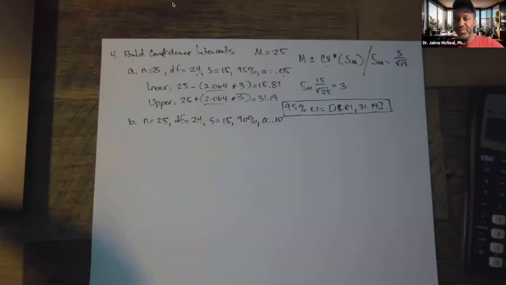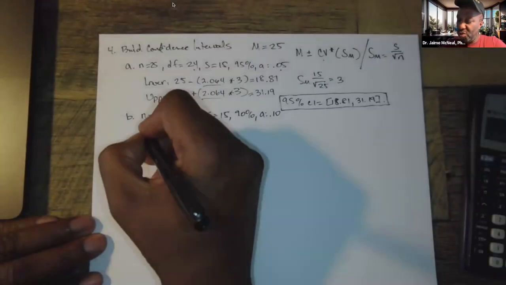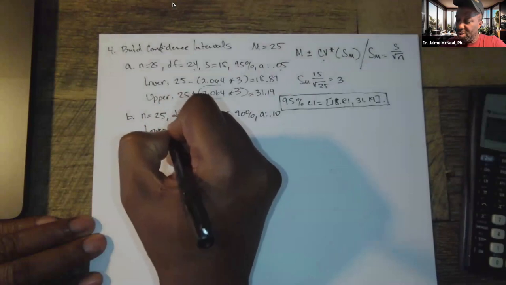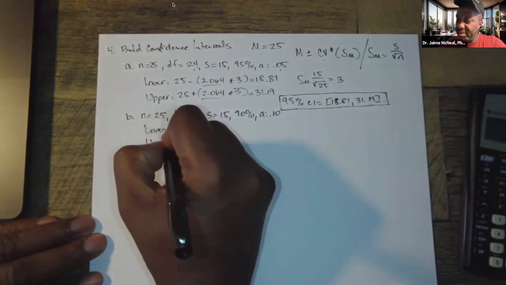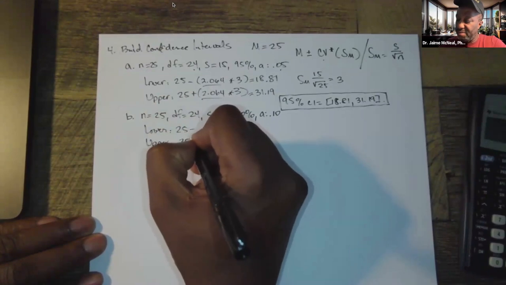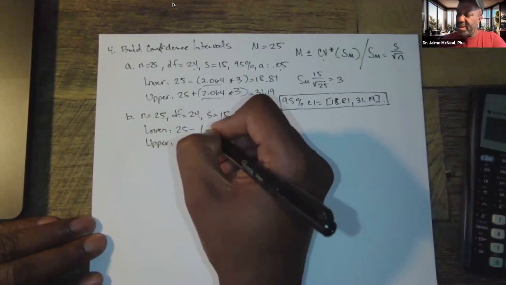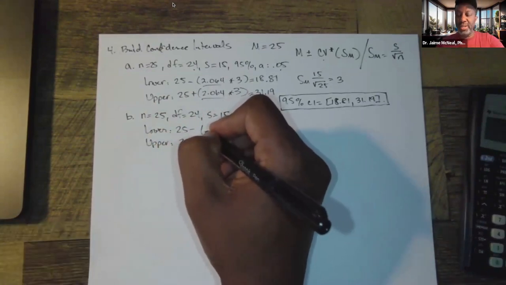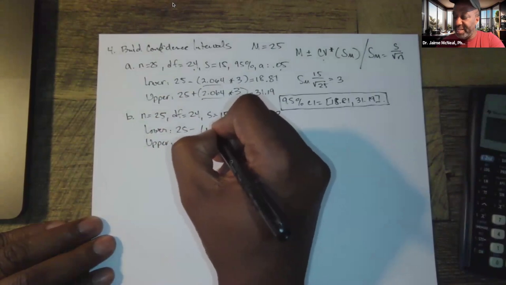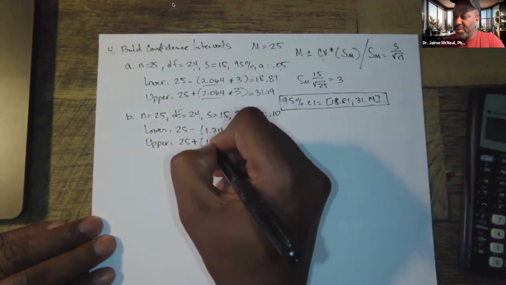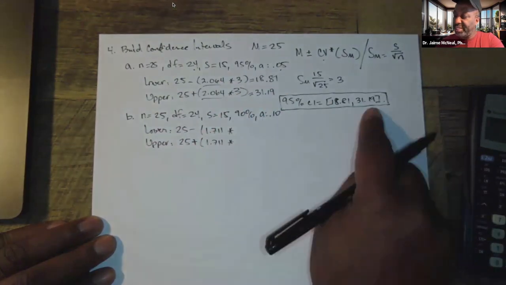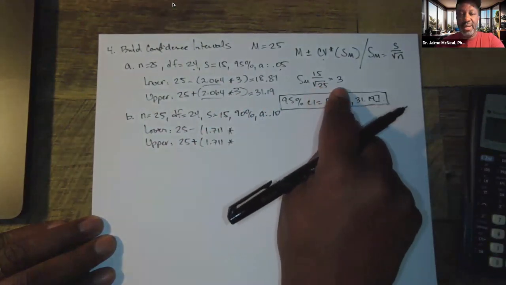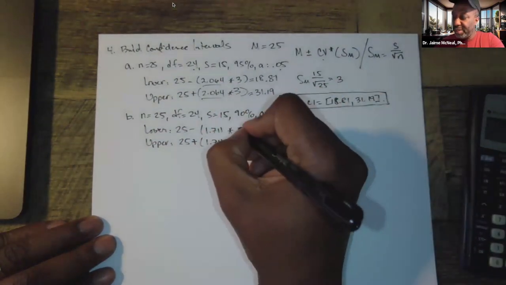All right, so if we go back, let's work it out. The lower is 25 minus, the upper is 25 plus, but this time we're using the critical value of 1.711 times, and we're still using the exact same standard error, 3.